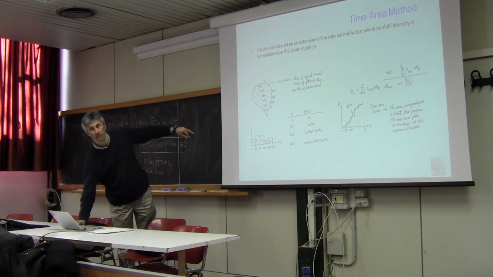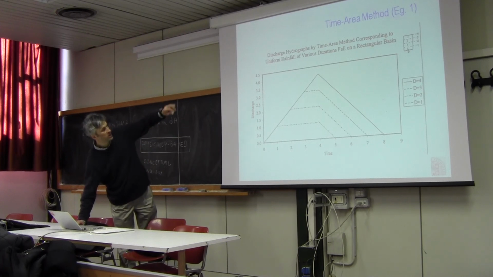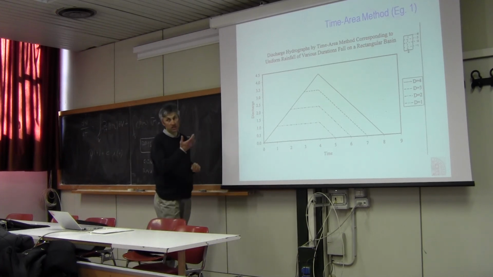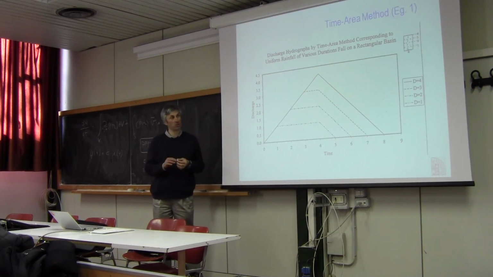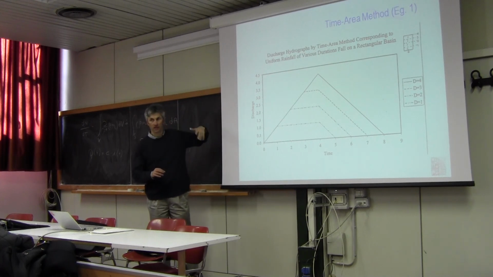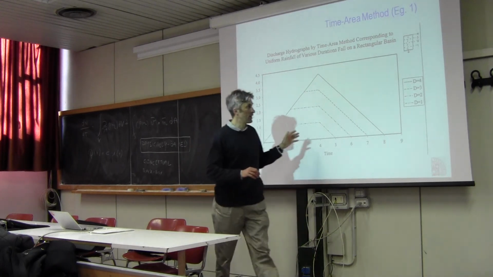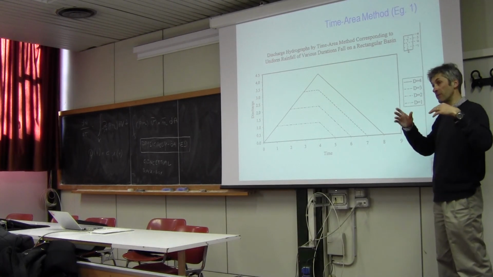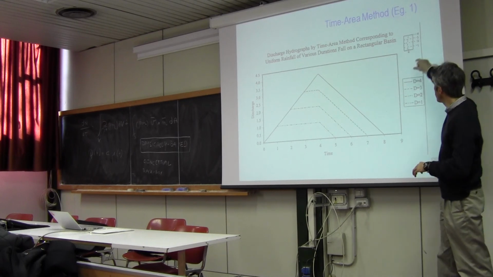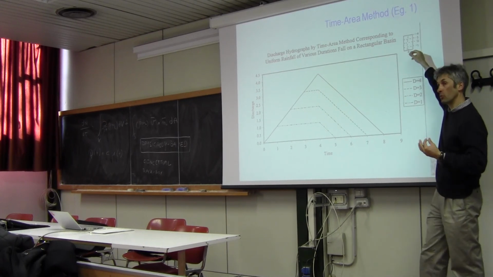This is the time area method. You already know everything about it. In this case, you can skip this slide, because I don't want to go into the detail of the time area method. I put the slide just for your information. And these slides, there are some of them, clarify the shape of the hydrograph as given by the time area method for different shapes of the watershed.